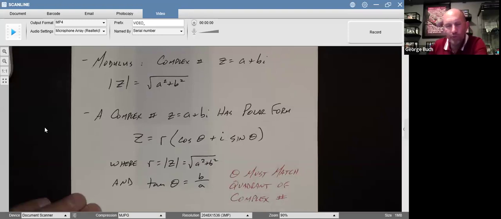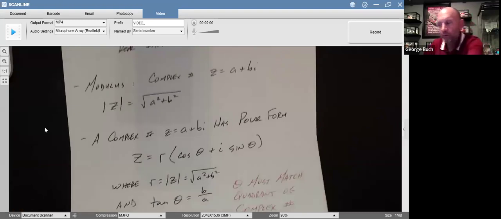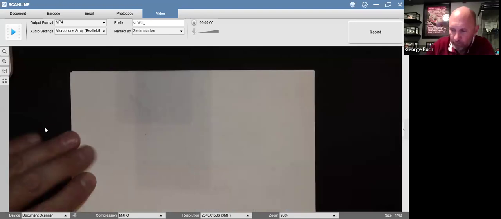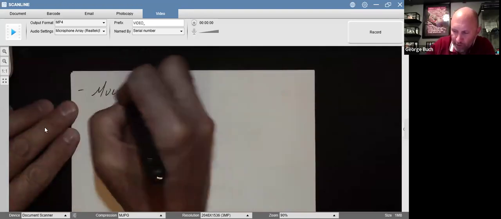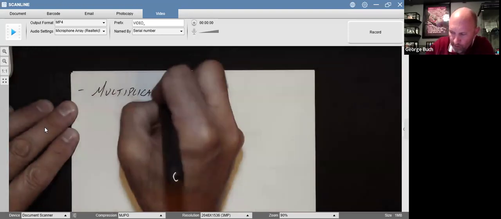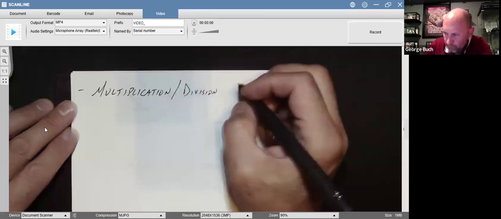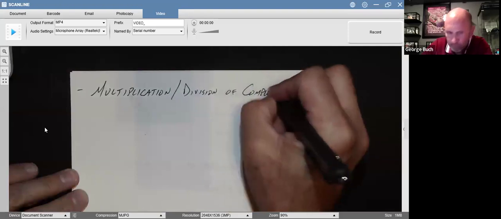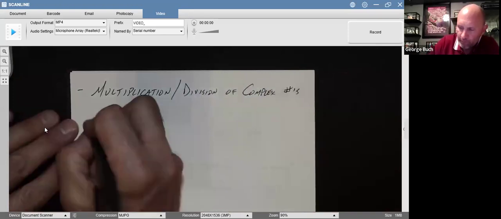So that's how we can convert complex numbers into polar form. Once we have them in polar form, we have multiplication or division of complex numbers. So we have the following.